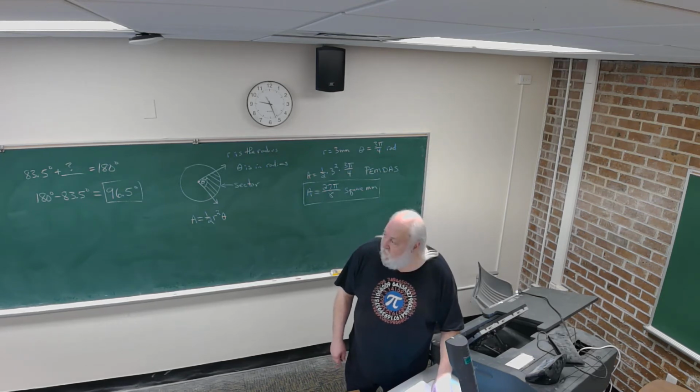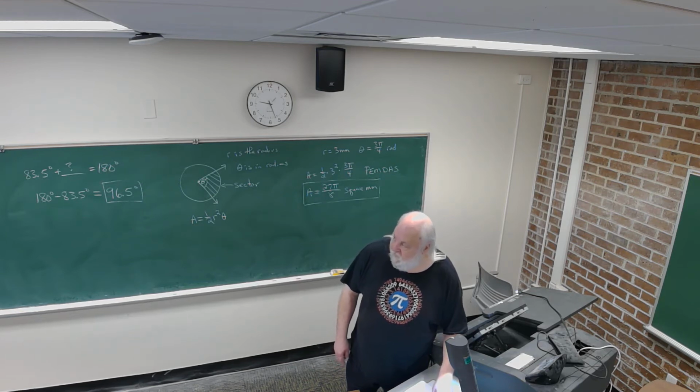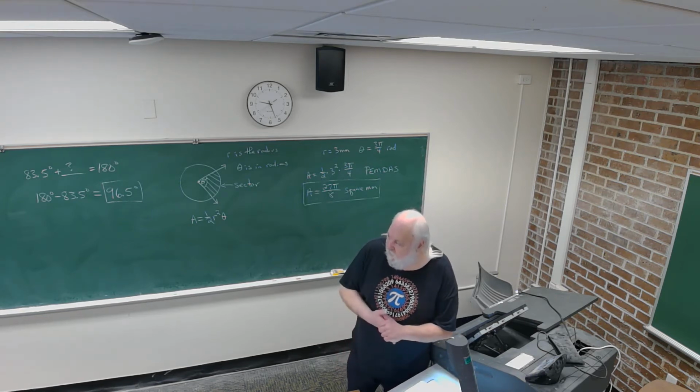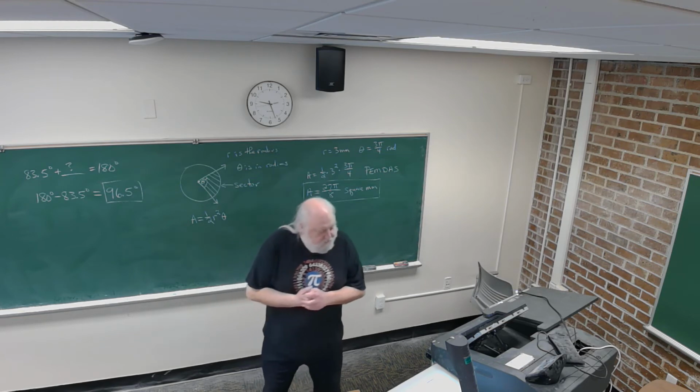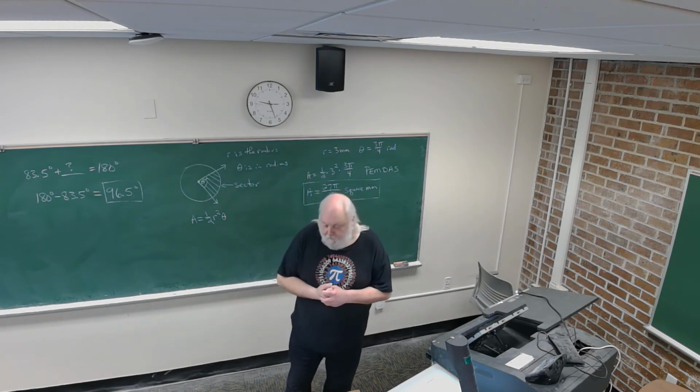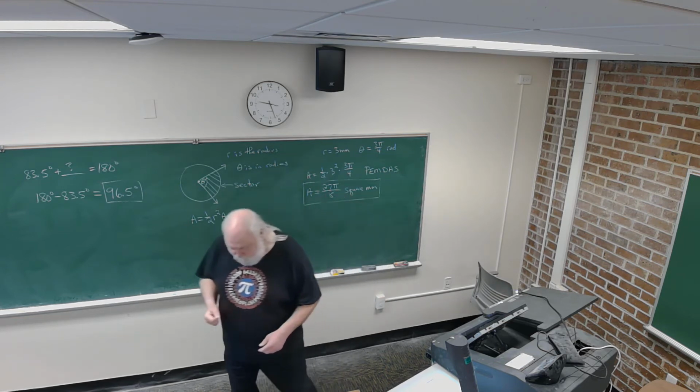So the angle 0 degrees and 0 radians are the same. The angle 30 degrees and pi over 6 radians are the same. The angle 45 degrees and pi over 4 radians are the same, and so forth. And so you should be familiar with those common angles in both degree measure and radian measure.